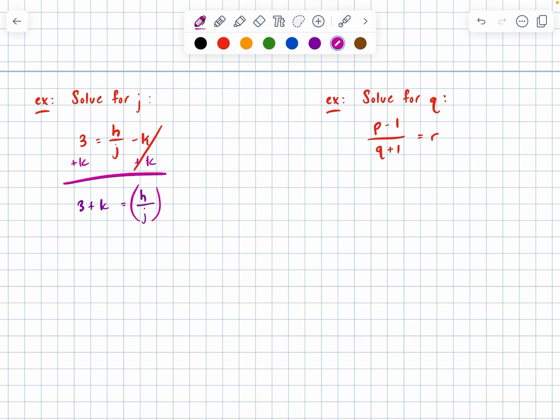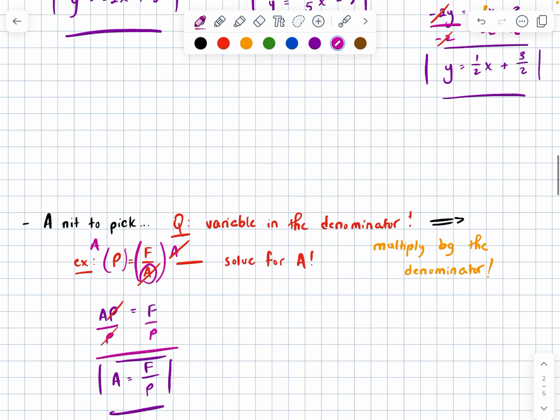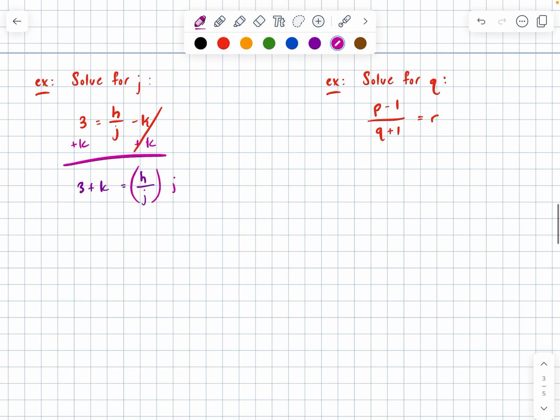Now, I'm in familiar territory. I want to get j out of the denominator. Oops. Let's multiply both sides by j. Times j divided by j. These undo each other. Well, now I've got j times 3 plus k equals h. And once again, I could distribute here, or alternatively, I'm trying to get j by itself.